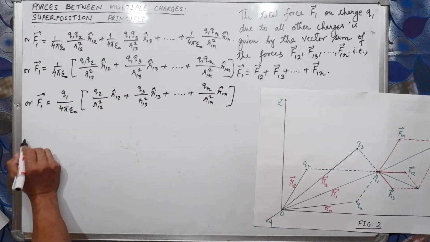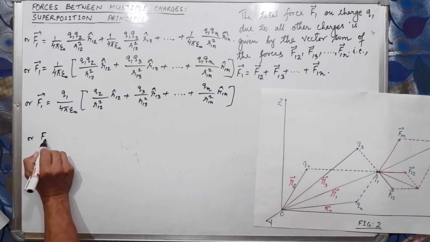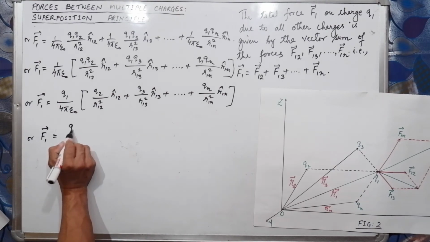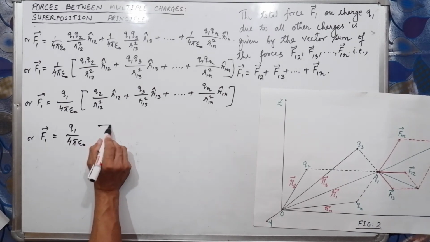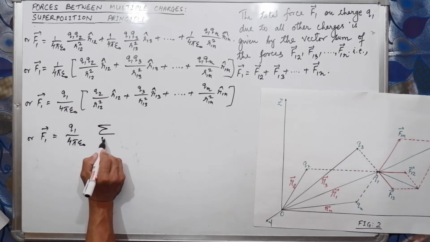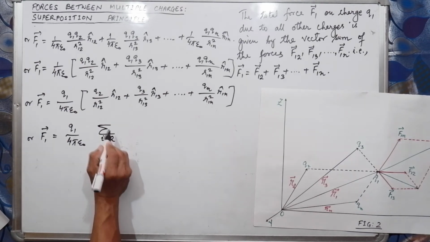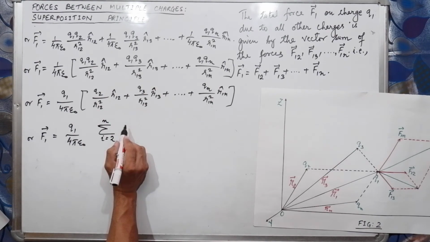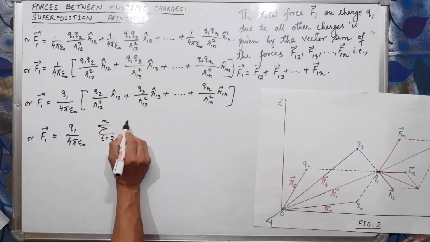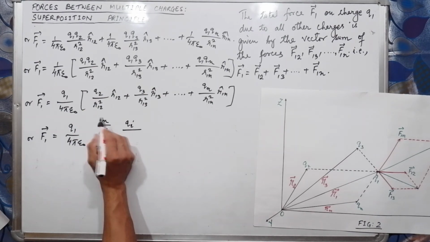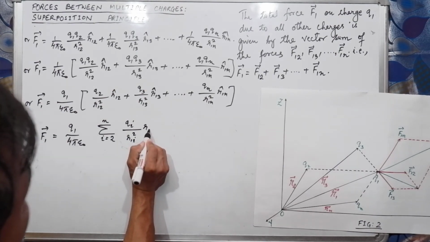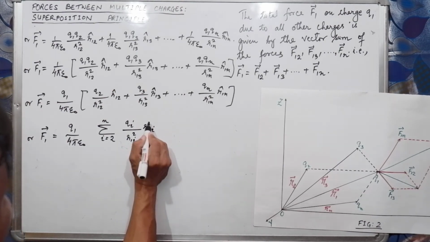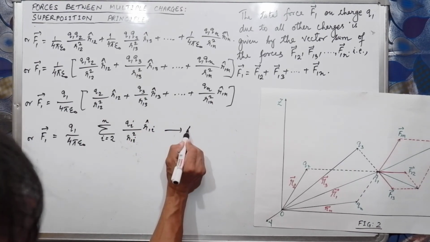Now we write it in terms of summation: Q1 by 4 pi epsilon naught, summation with i from 2 up to n, Qi by R1i square R1i cap. Name this as equation number 4.